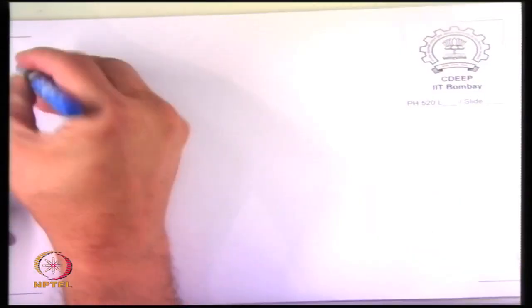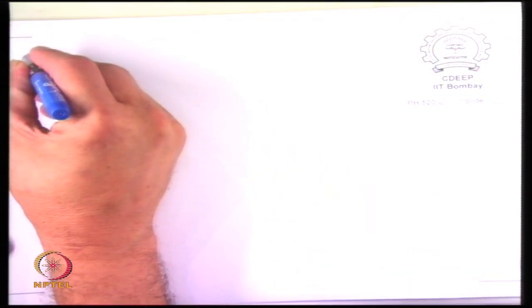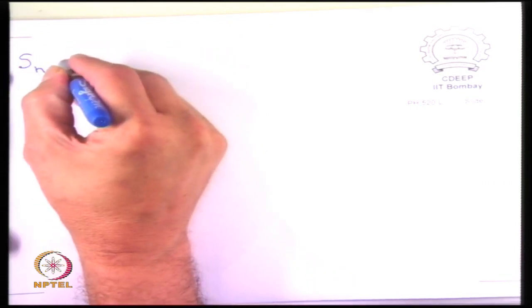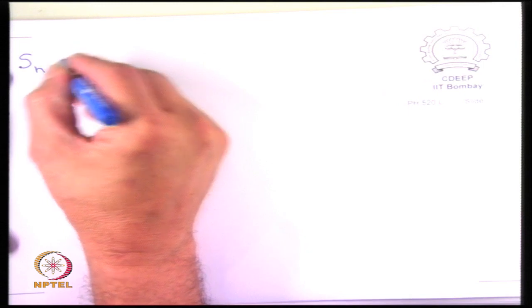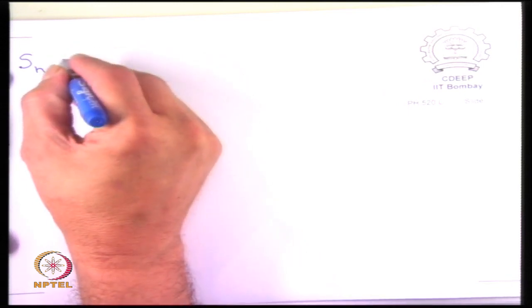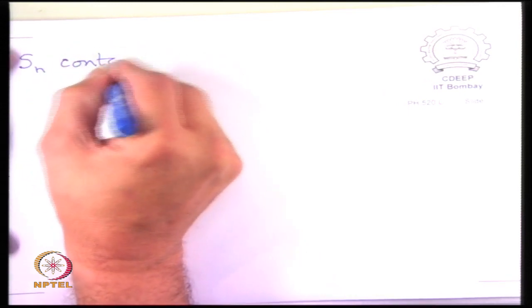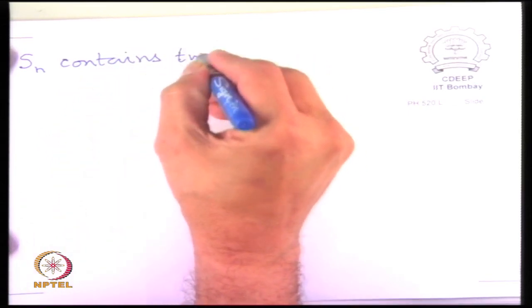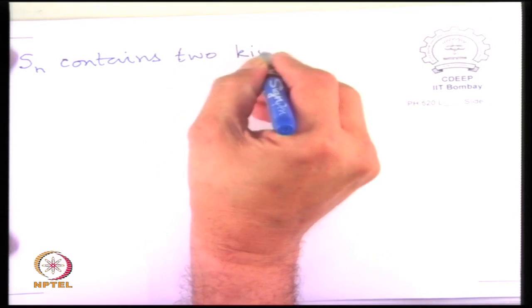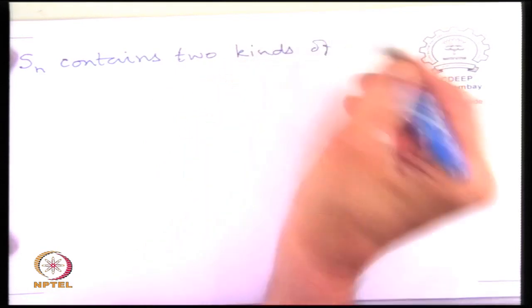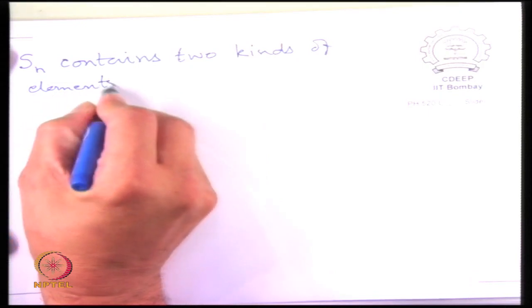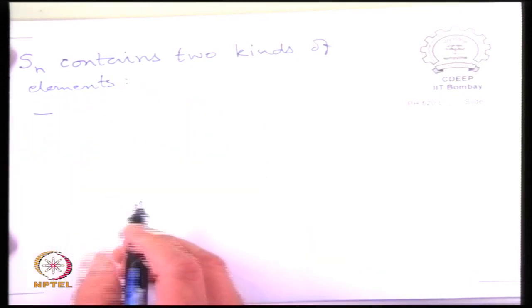So due to this, Sn can be thought of as containing two kinds of elements. We define what kind?